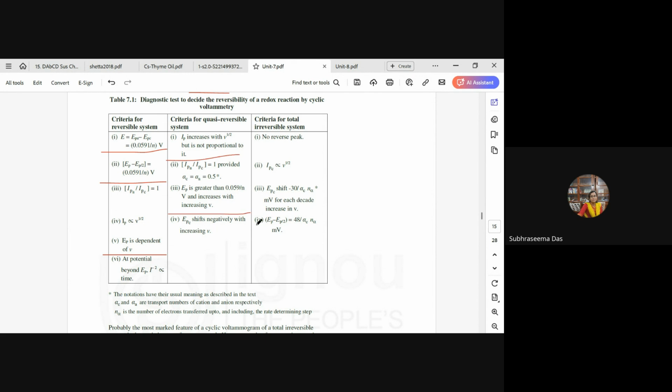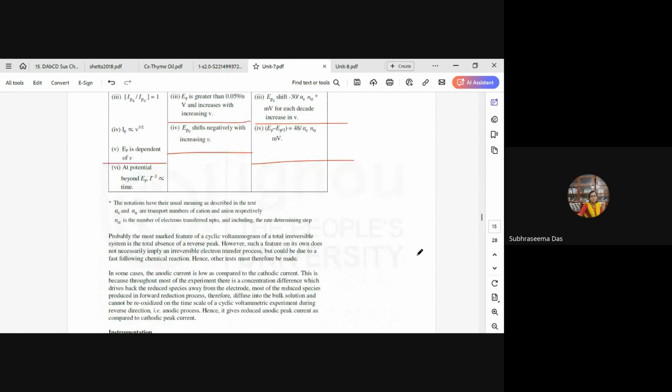Delta EP is greater than 0.059/n and it increases with ν. EPC shifts negatively with increasing ν. Then the criteria for a totally irreversible system is no reverse peak, IP is directly proportional to ν^(1/2), EPC shifts with ν, and EP − EP/2 is equal to 48/αn.